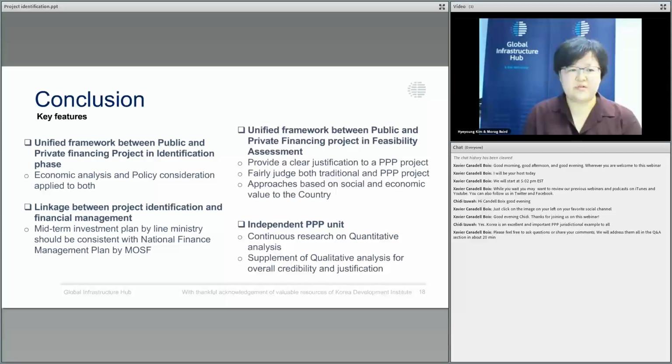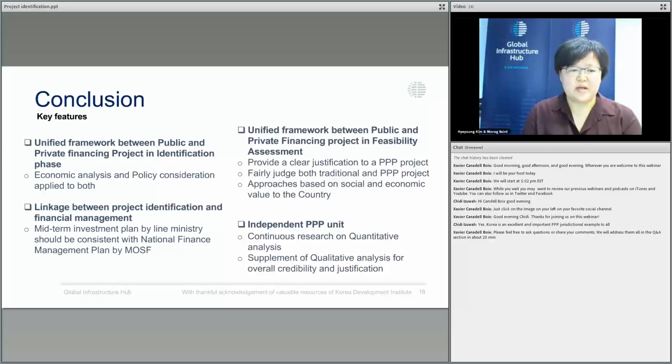The key features of the Korean identification and screening scheme. The first one is a unified framework between public and private financing projects in identification. So both public and private investment projects should be subject to strict economic analysis and policy consideration.